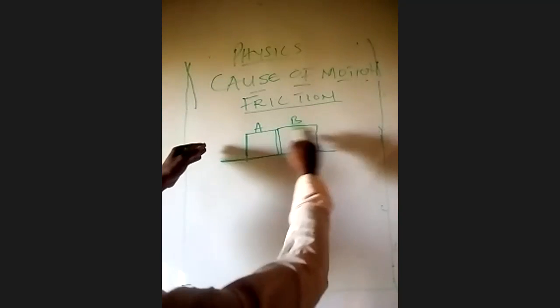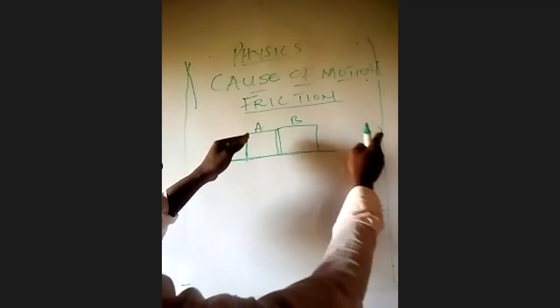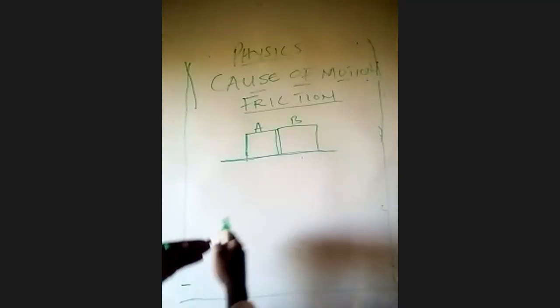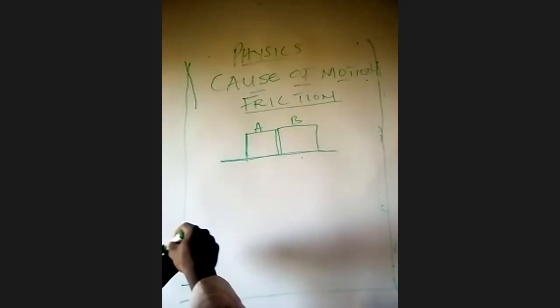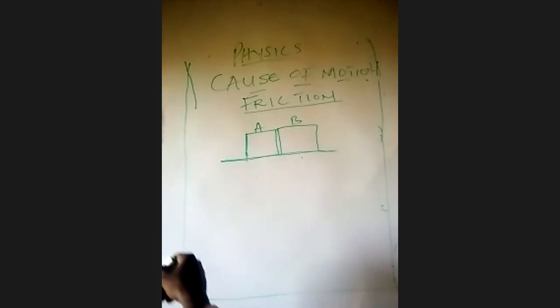When it is pulled towards the other body, and the other is also pulled towards it, a force of attraction happens in between them. That is friction. That is what we refer to as frictional forces.